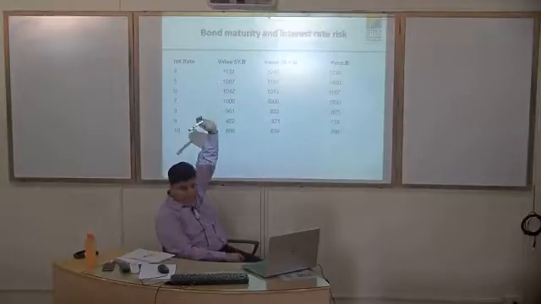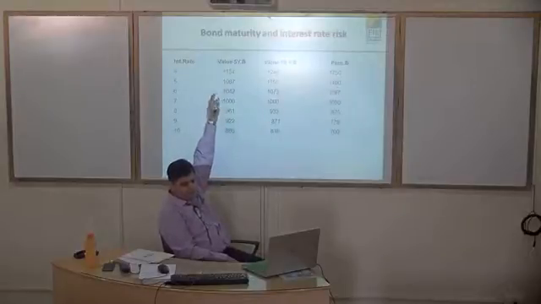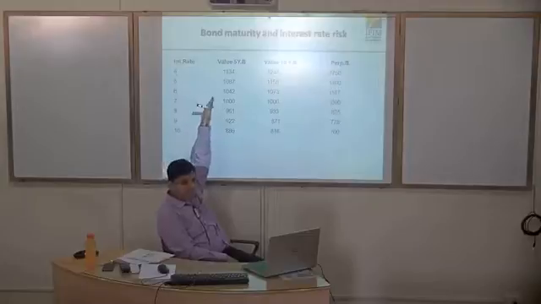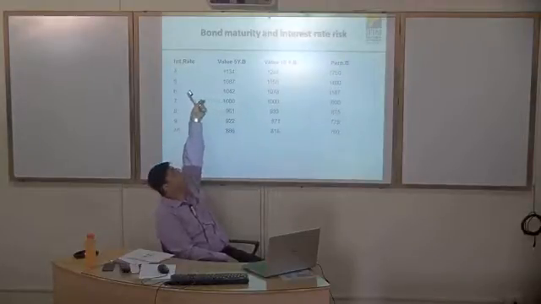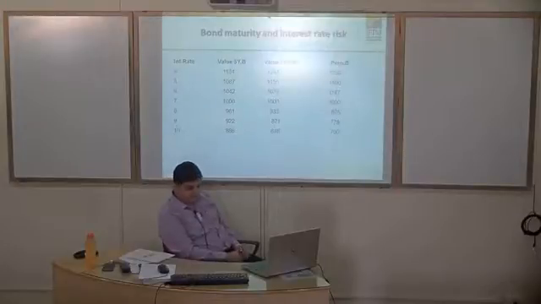I'll tell you what, instead of looking at a slide, I want you to do it on an Excel sheet and try to find out what changes each bond is going through for every change in the interest rate. That would help you to understand this in a lot deeper sense.